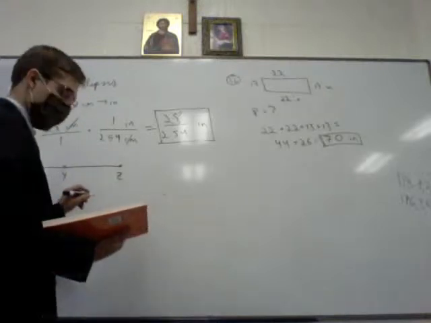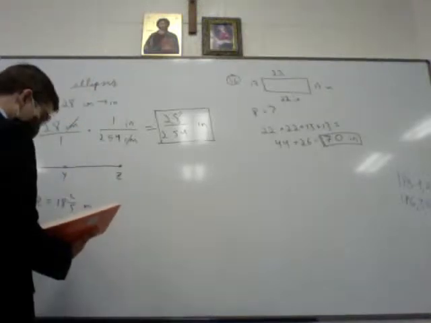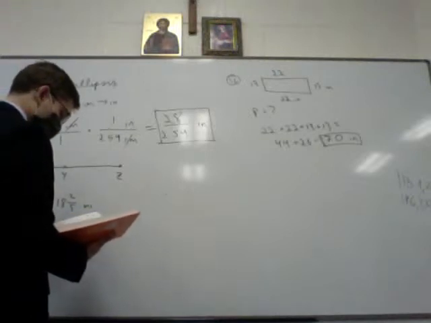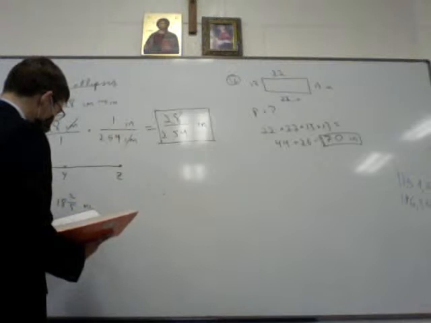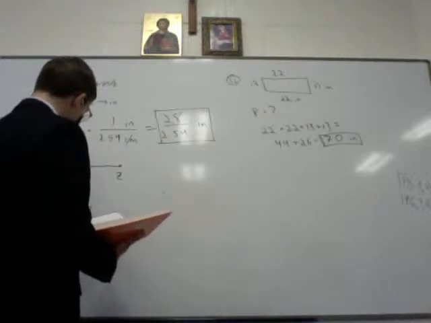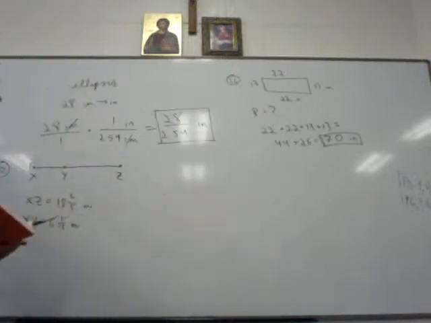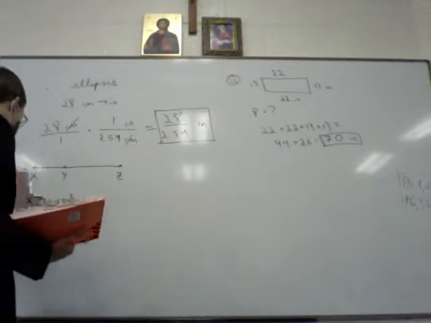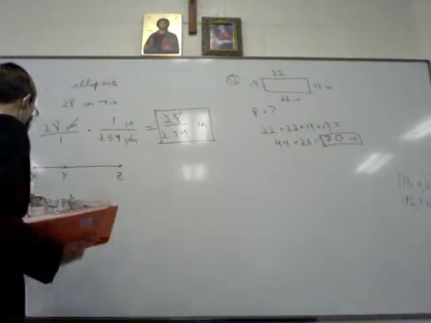XY is 6 and 1 over 15. Miles. All right, so here's the information that they gave us. They tell us the length of XZ, they tell us the length of XY. What are they asking us to find? YZ.